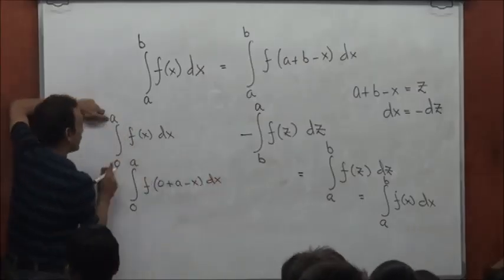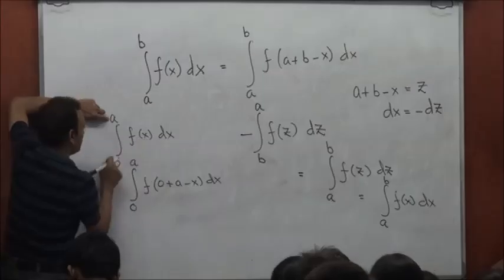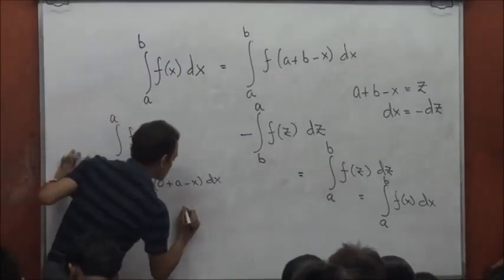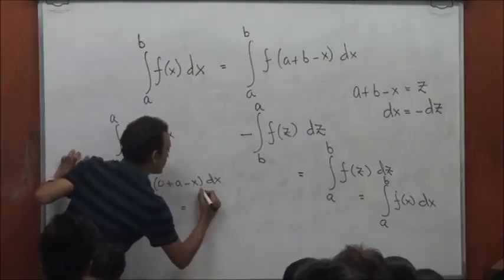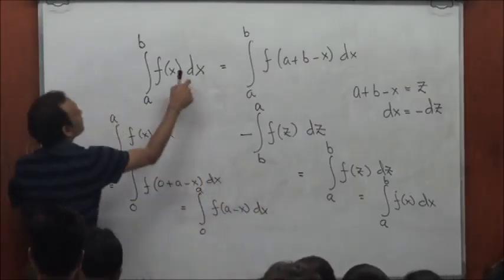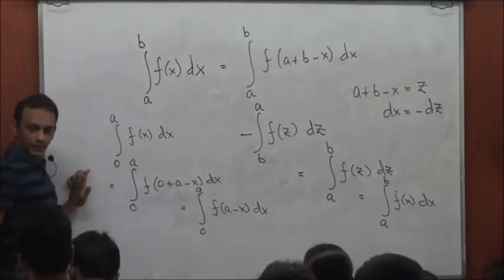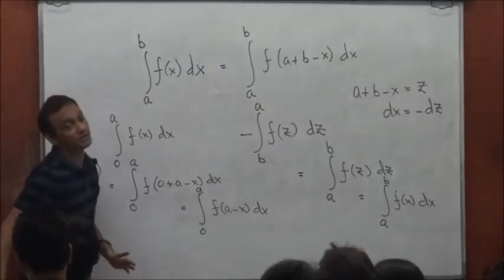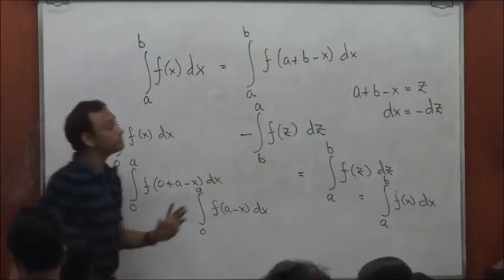Yes or no? a to b is going to be a plus b minus x. So this then turns out to be integral 0 to a f of a minus x, which is just a consequence of this general property. Right? This is the most commonly used property, the most important property of definite integrals.